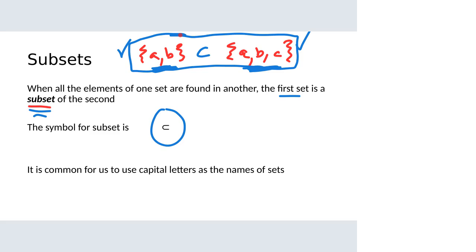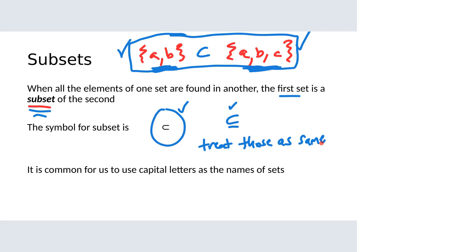In some other books, you may also see this as a symbol for subset. We're not going to talk about the distinction and the difference between these two things. For our purposes, we're going to treat those as the same. We really only spend a small part of one day on subsets, so we're just going to treat those as the same and not worry about distinguishing between the two.